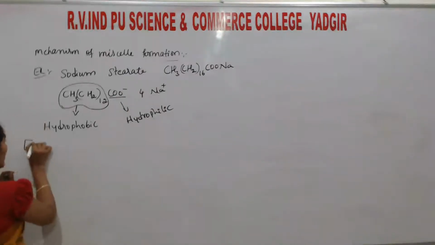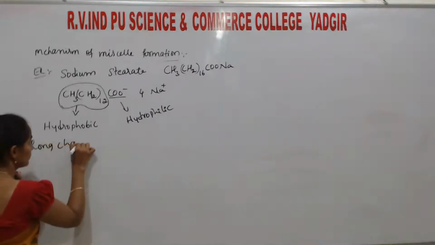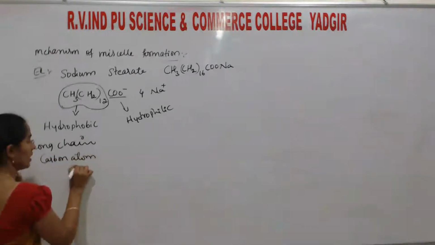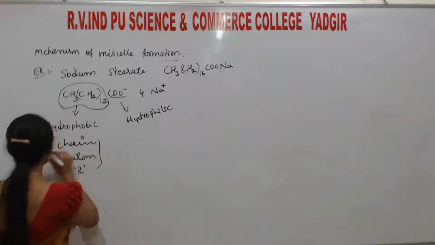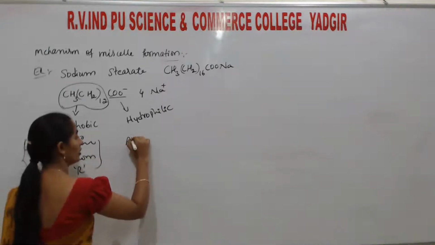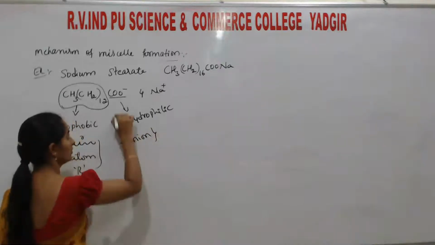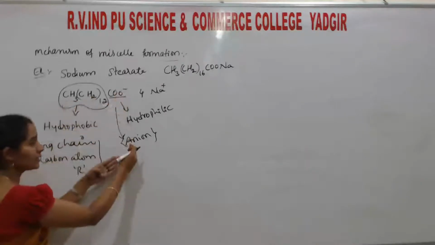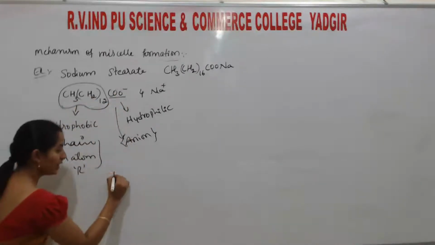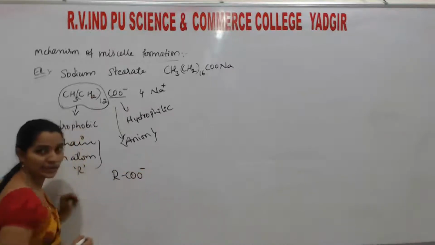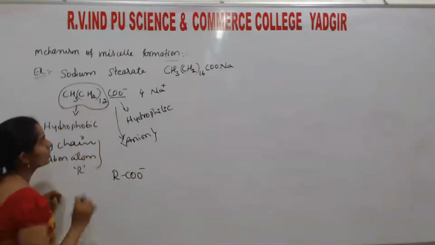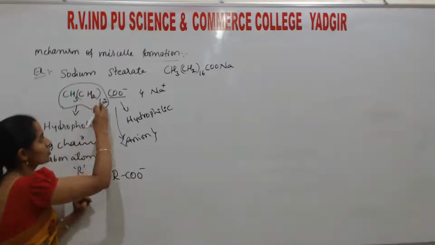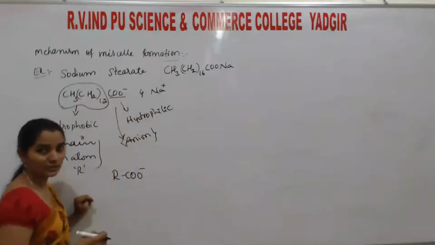So students, this is a long chain of carbon atoms, taken as R, and this one is the anion. Are you getting? COO minus is a functional group anion, like RCOO minus. You know that R may be an aryl or alkyl. This is the functional group.